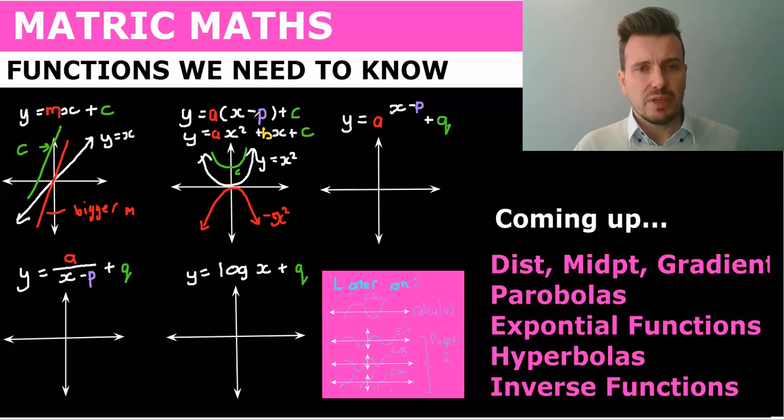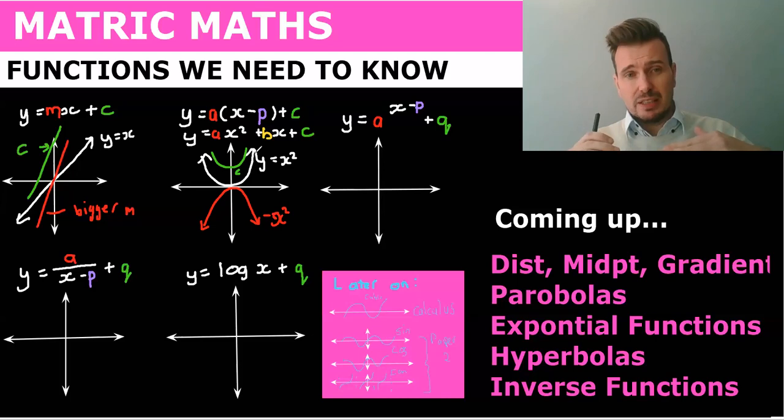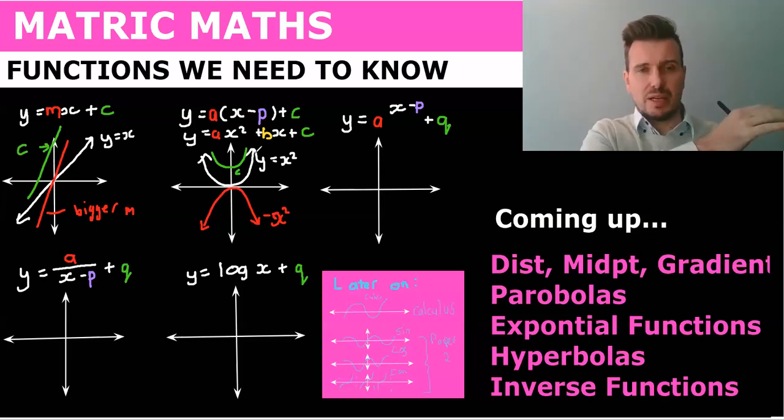Now, negative p, the reason we say negative p is because this changes the x value. Now, a negative p, so say it was an x minus 2, because the x is on the opposite side. So if you were to solve for just x, the 2 would go across and become plus 2.